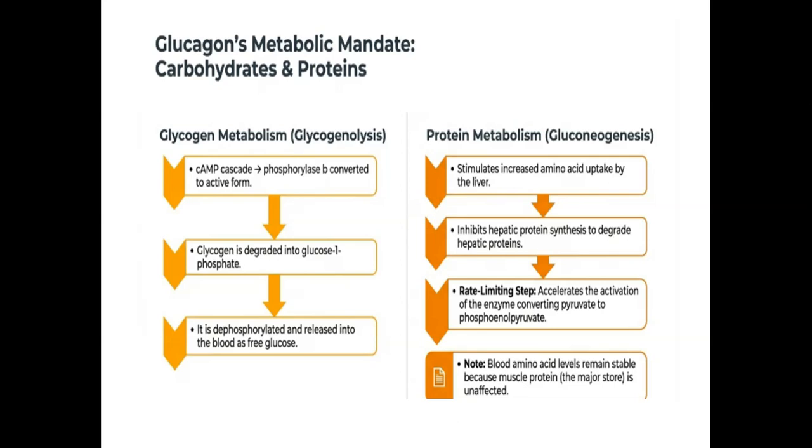Okay, so in this slide, you can see that in the liver, glucagon is the master of glucose production, as you all know, and it activates the cyclic AMP cascade to convert phosphorylase B into its active form, and degrade the glycogen into glucose 1 phosphate, which is then dephosphorylated and released into the bloodstream as free glucose.